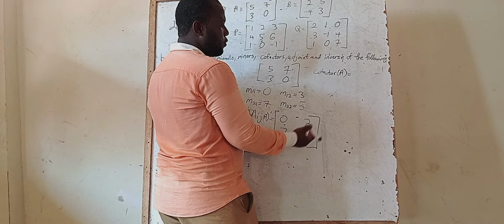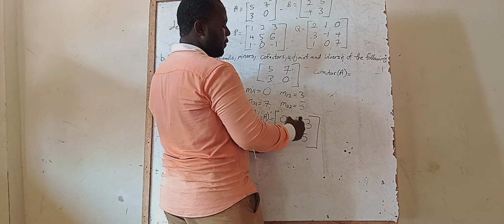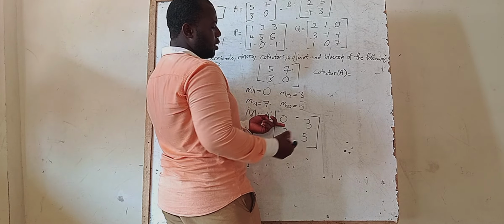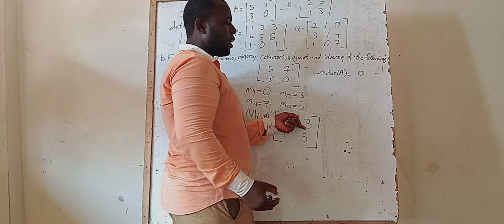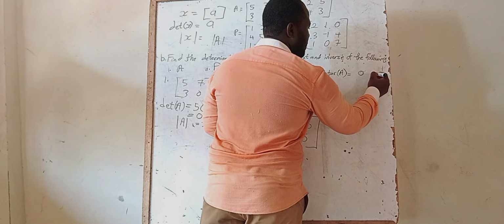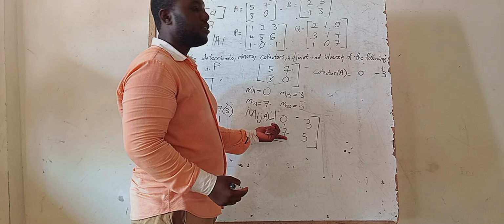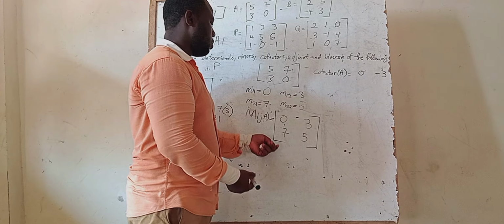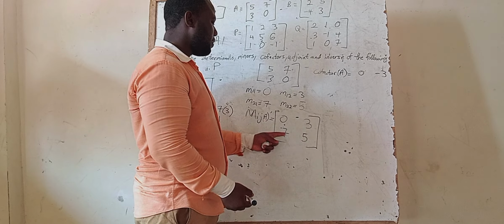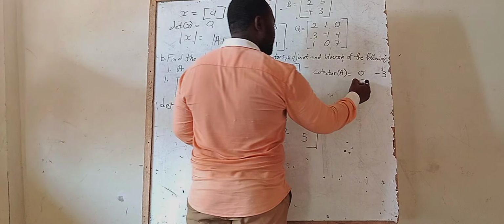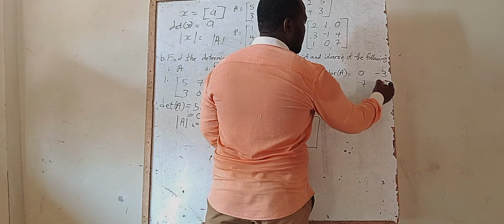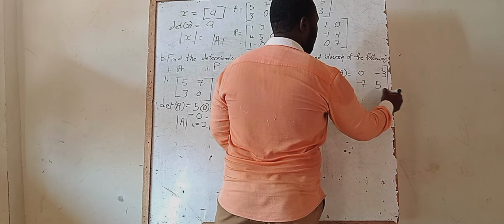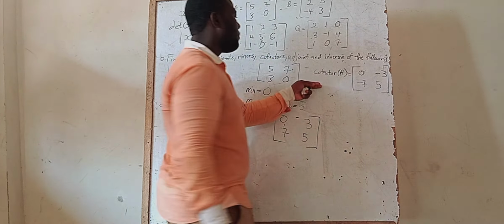Since we have found the minor, we just make it positive, negative, negative, positive. 0 becomes positive, and positive 0 is 0. 3 becomes negative, make it negative 3. 7 becomes negative because we are moving to the next row. So positive, negative, negative, positive. 7 becomes negative 7. 5 becomes positive 5. We have found the cofactor of A.